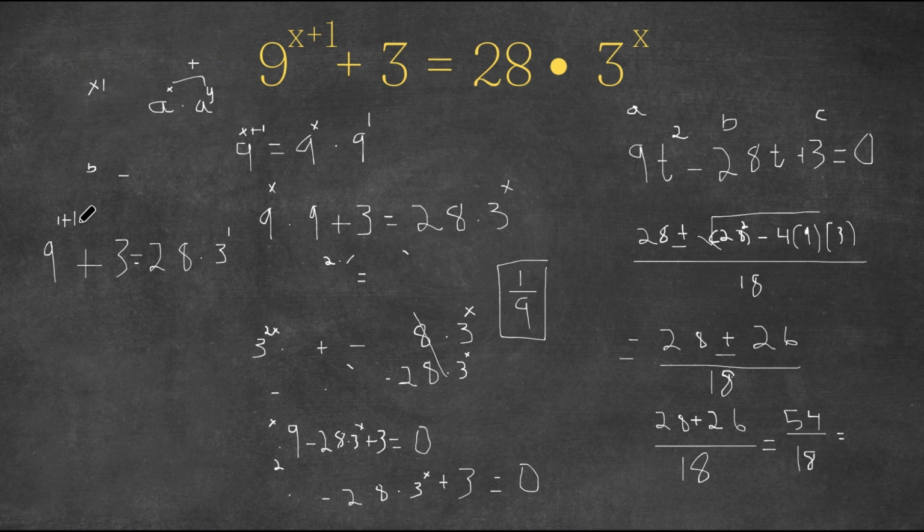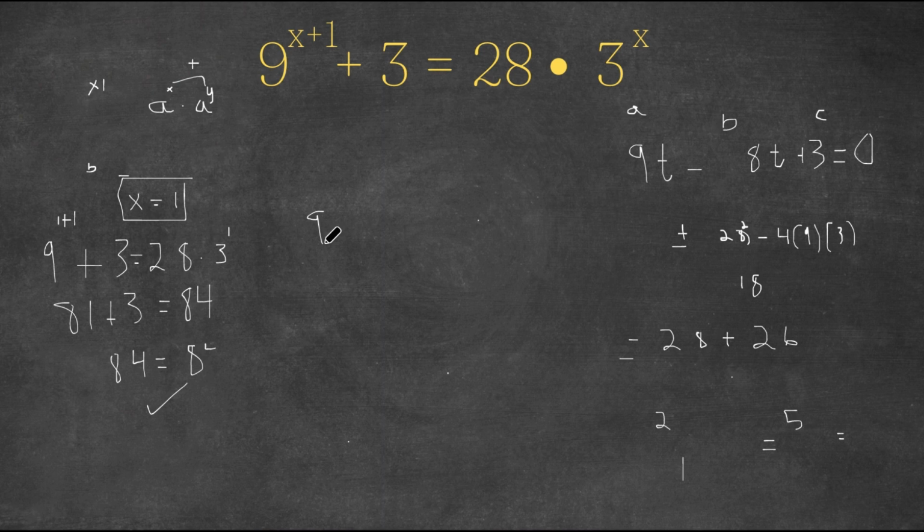Well, 9 to the power of 1 plus 1 is 9 to the power of 2, which is 81, plus 3 equals 28 times 3 to the power of 1, which is the same thing as 28 times 3, which is 84. Now 81 plus 3 is 84. So this ends up equaling 84 equals 84, meaning x equals 1 is right.